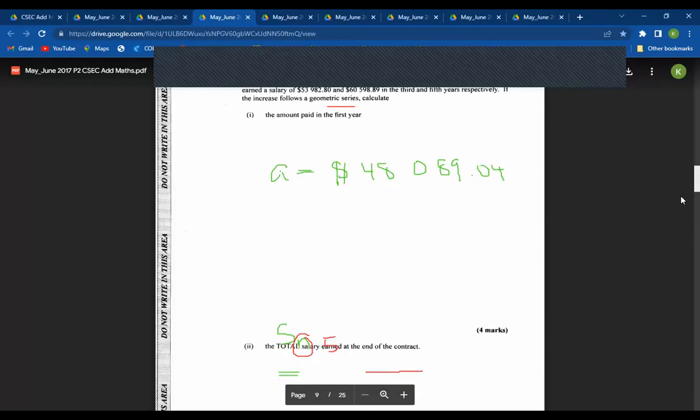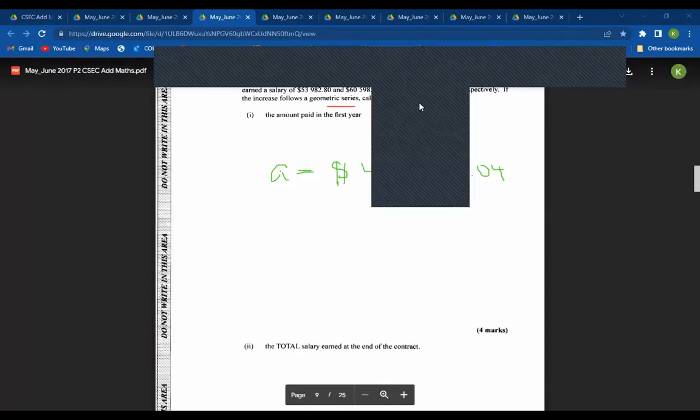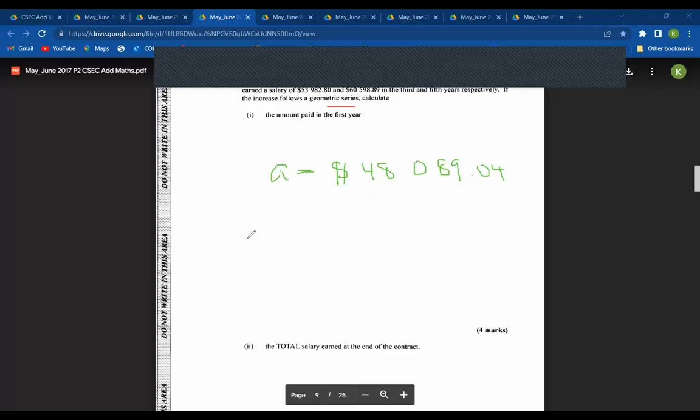Let me erase. So we know we're dealing with SN, and N is 5. For my GP, you need to remember the formula. Sn is equal to A(1 minus R to the N) on 1 minus R. Some people learn it as A(R to the N minus 1) on R minus 1.